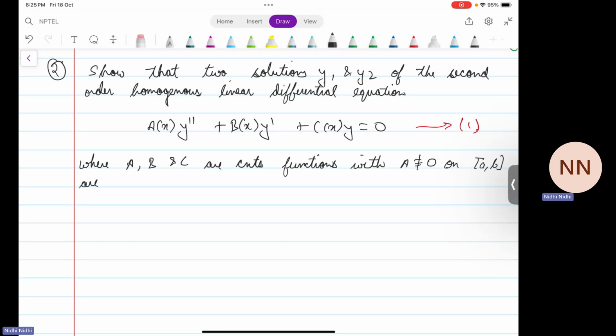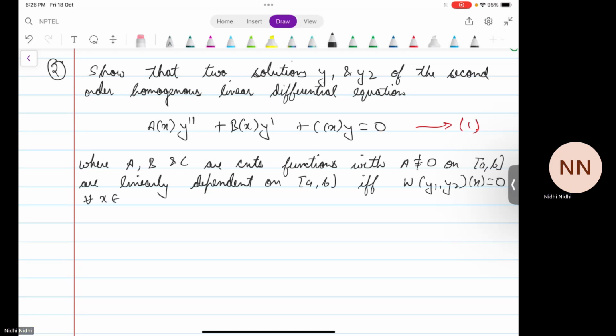So show that the two solutions y1 and y2 corresponding to equation 1 are linearly dependent on a b if and only if the Wronskian of y1, y2 at x is 0 for every x in the closed interval.